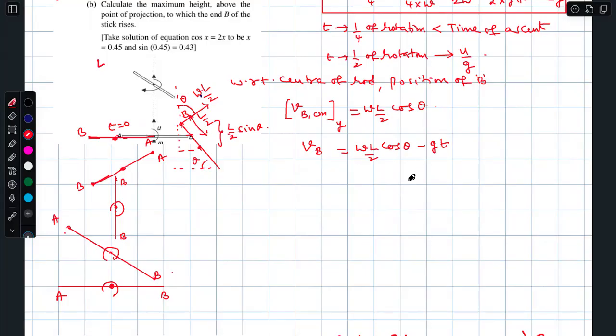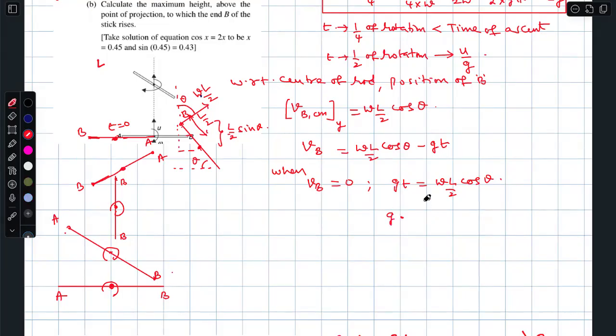So what do you want? You want the instants when VB is equal to 0. What you will have in this situation is gt equals omega L by 2 cos theta.